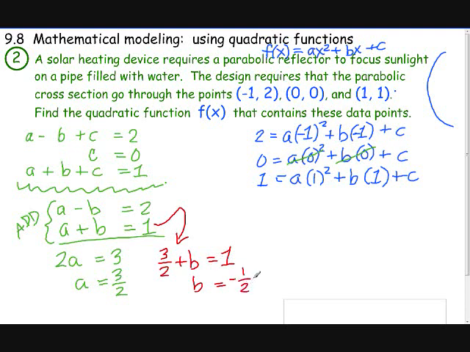So what does this equation look like? It's f of x equals a times x squared, and my a is 3/2 times x squared. My b is the coefficient of x, and my b is minus 1/2 x. And my c, I don't have to bother writing because it's a 0.